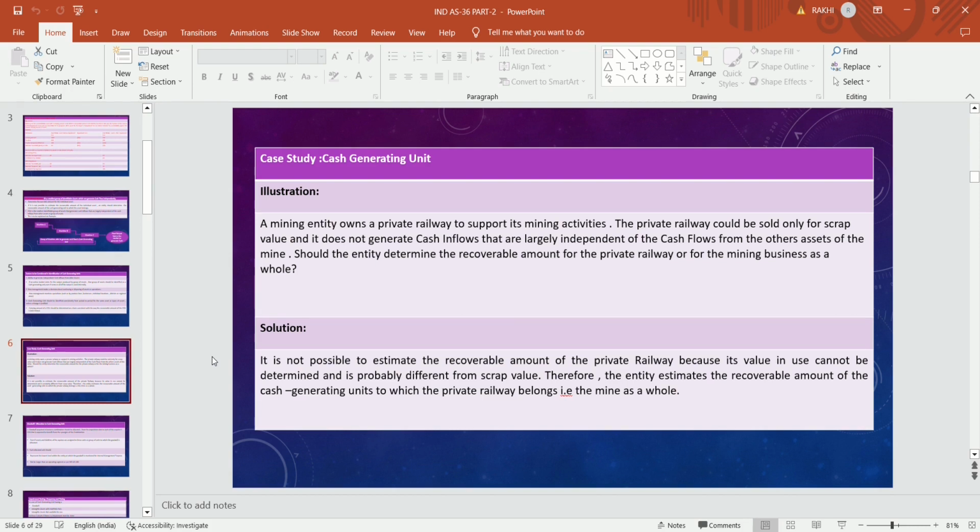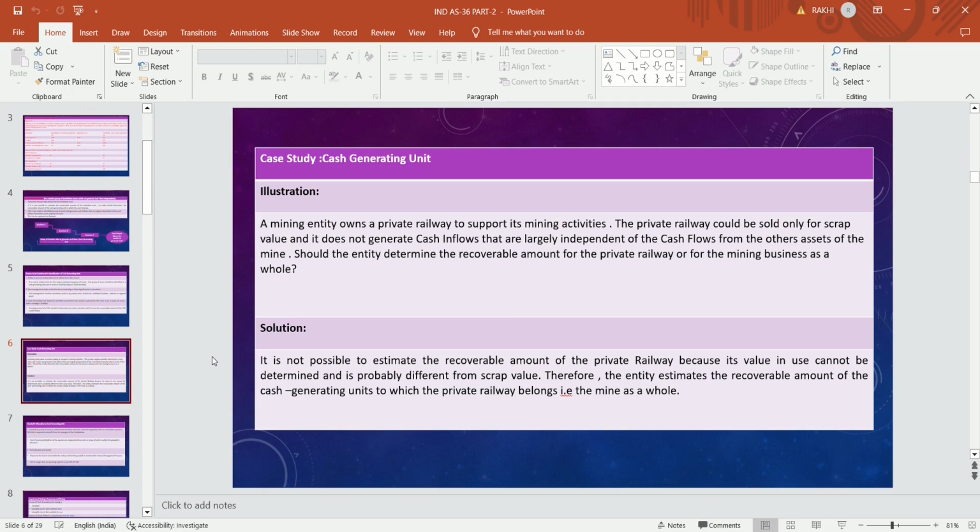It is not possible to determine the recoverable amount of the individual private railway because it is not able to generate cash flows independently. So it is taken as a whole, as a mine; that railway is used only for that particular purpose.